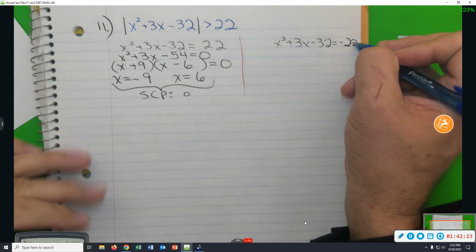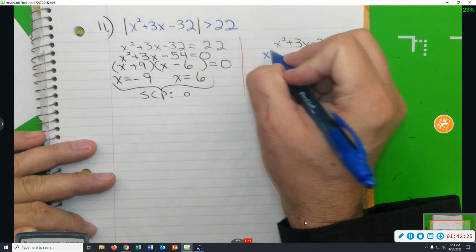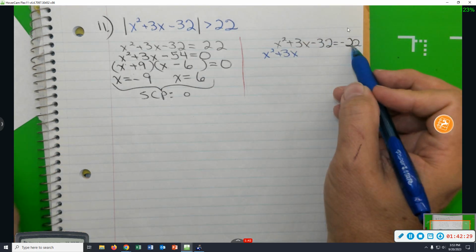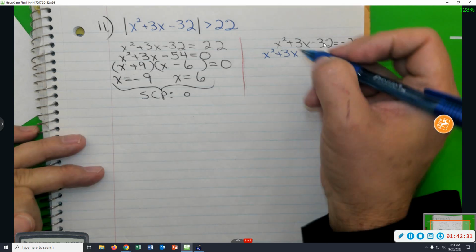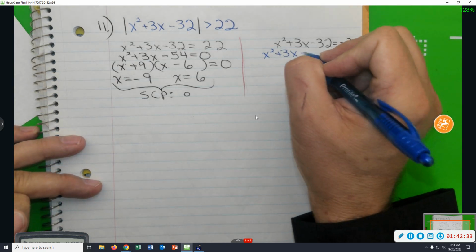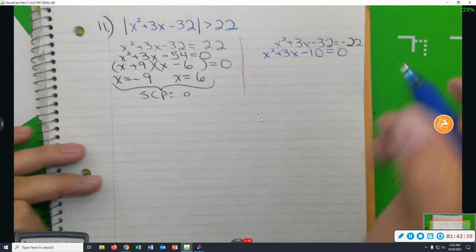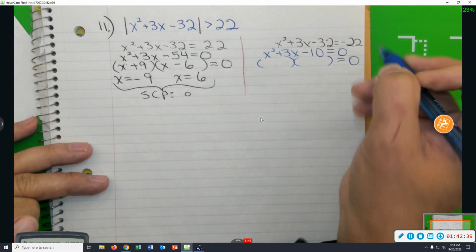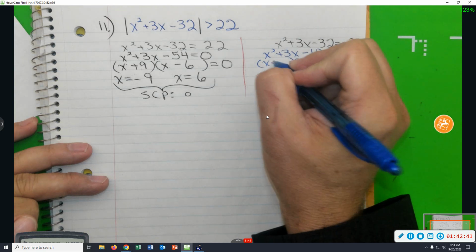Okay, let's add 22 here. We're going to get x squared plus 3x, negative 32 plus 22, I heard you say, minus 10. I agree. Y'all are ready to get out of here. This stuff is just hitting y'all in the face. So what is it?